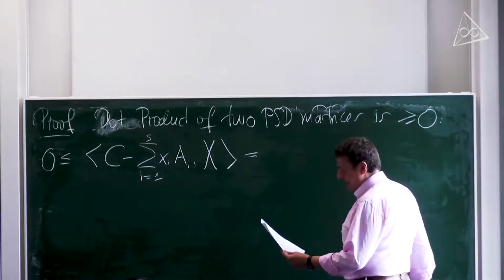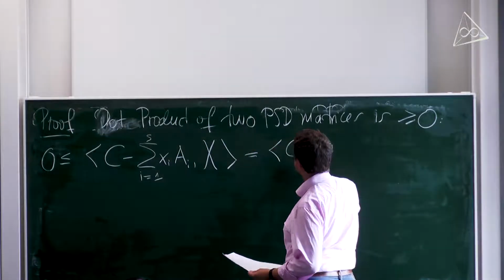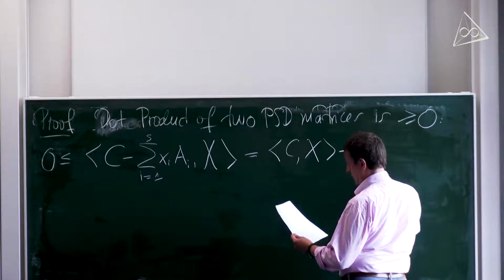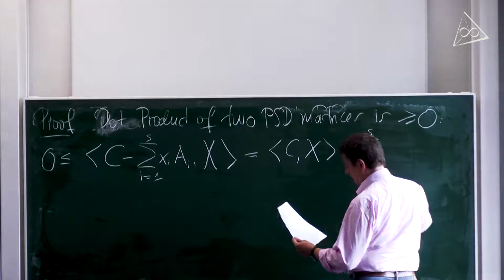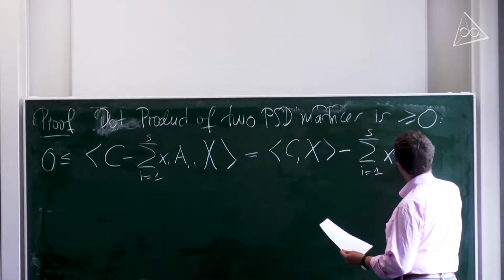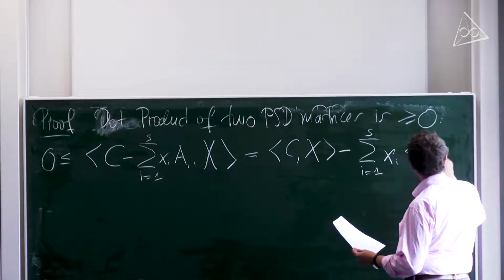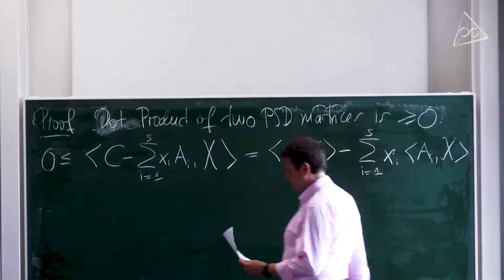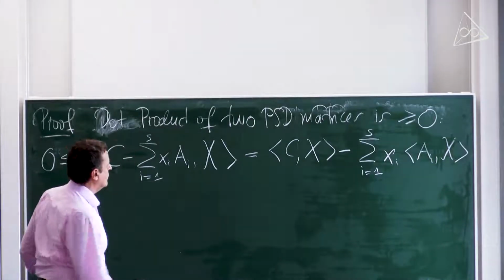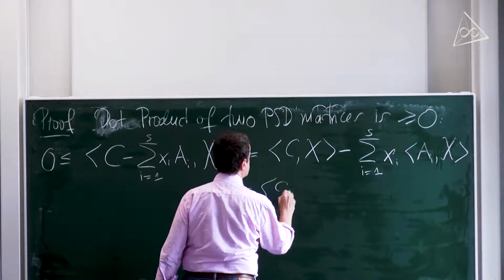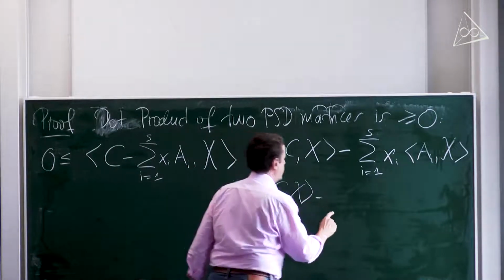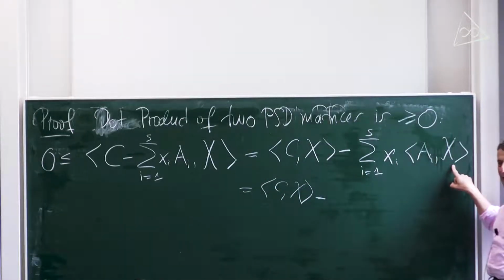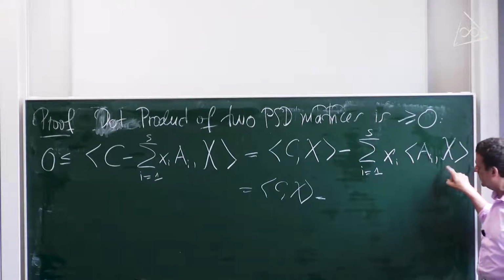Now the inner product is linear, so let's write this as C paired with X minus the sum i from 1 up to s of xi and then ai paired with X. Well, what's that? Well, this one we just copy, right? So that's C paired with X. But this thing over here is bi by definition, because capital X is primal feasible.